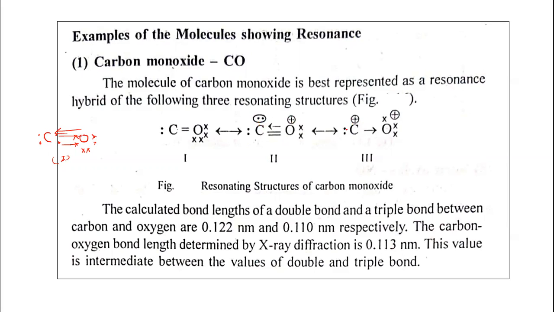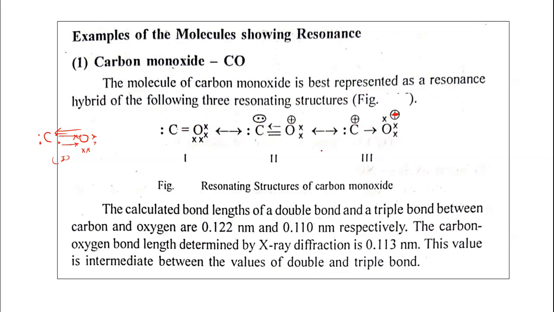See now the third structure, the third possibility. This double bond breaks and these 2 electrons are shifted towards the oxygen. So what happens here? Oxygen will acquire a negative charge here, not positive.